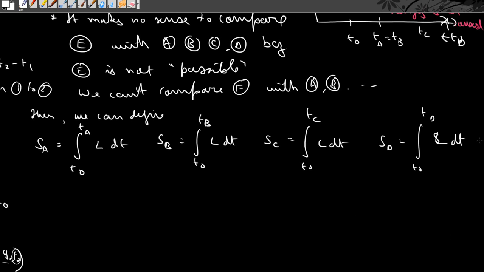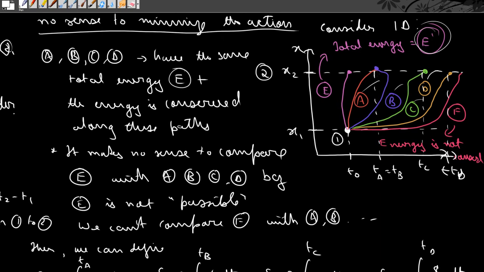And what does the principle of least action, or Hamilton's principle, say? It says that it chooses the path among all the possible paths wherein the action integral is the minimum. Here the possible paths are A, B, C, D, but these do not end at the same point, because we don't know where it is going to end.